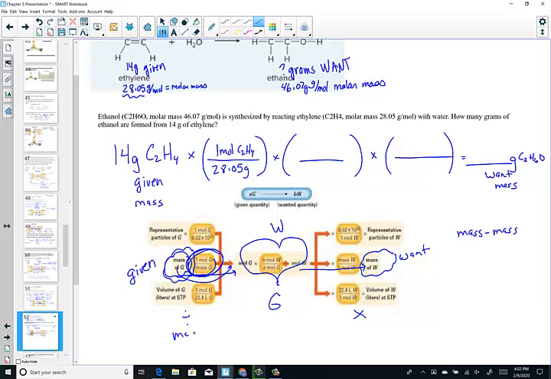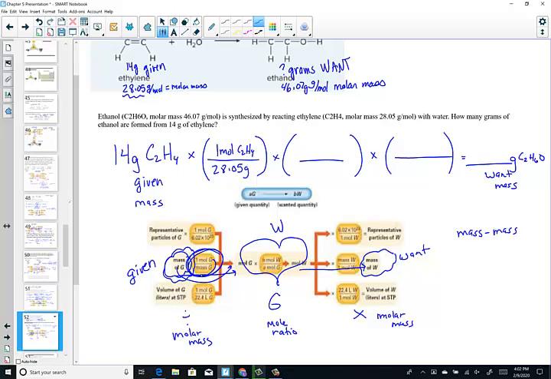We divide by molar mass of given. We use the coefficient of want over given in your mole ratio. And then we multiply by the molar mass of the new compound that we want. Divide by given, ratio, multiply by want. All right, let's take a look.